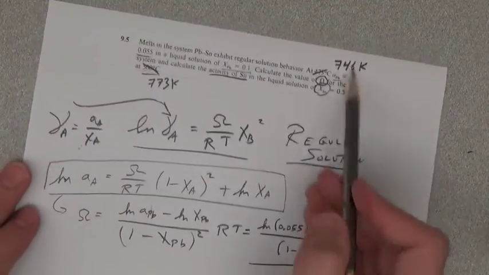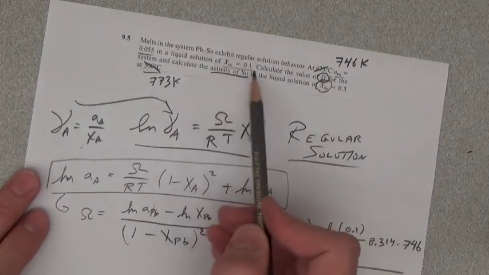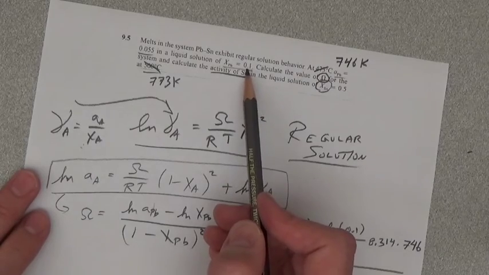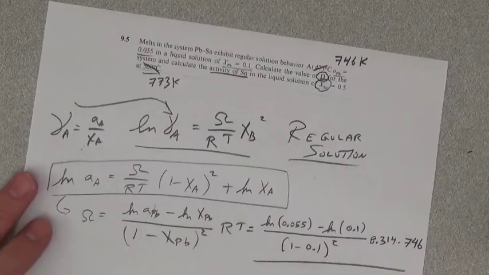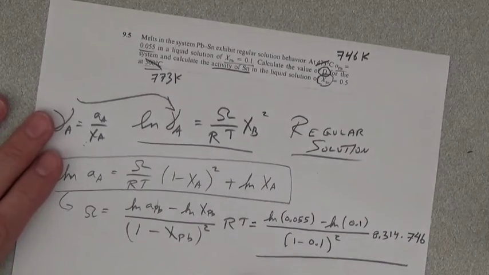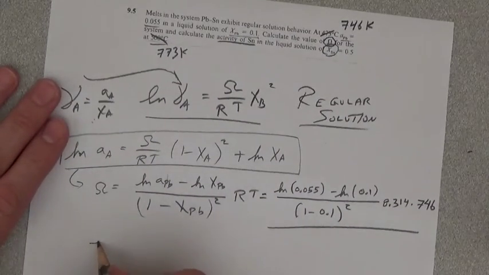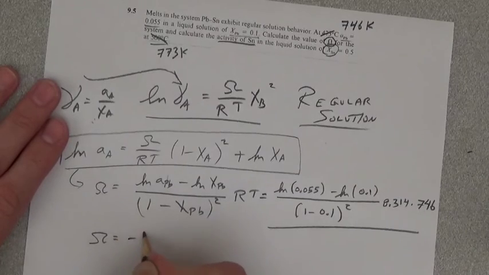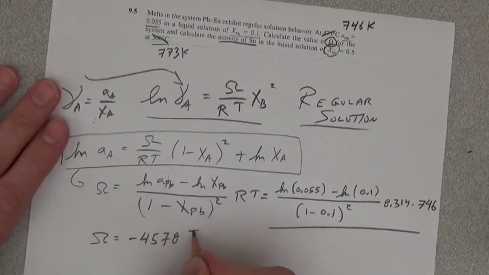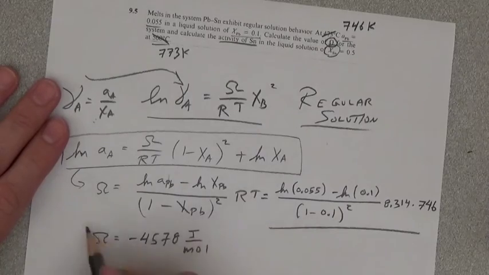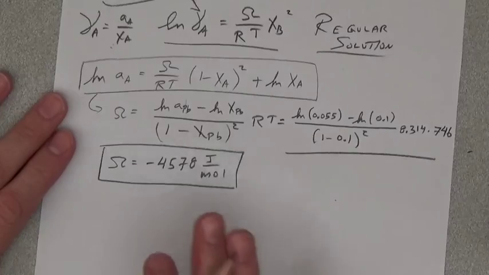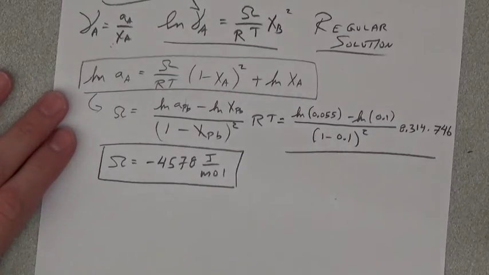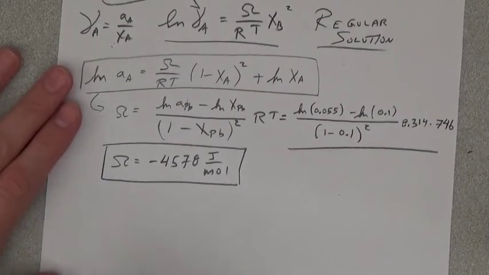So this is basically all in the second sentence of the problem. After we have that, this gives us omega is equal to minus 4.578 joule per mole.